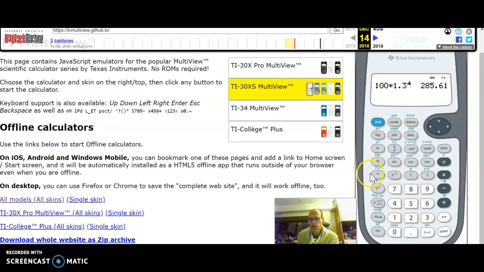That means to the power. If you press it on your calculator, you will see that the blinking part on your screen will move up to indicate to the power. Just one more to show you: 100 over there, multiply 1.3, and then the roof thing goes up, and then 4, and then answer. There it is.